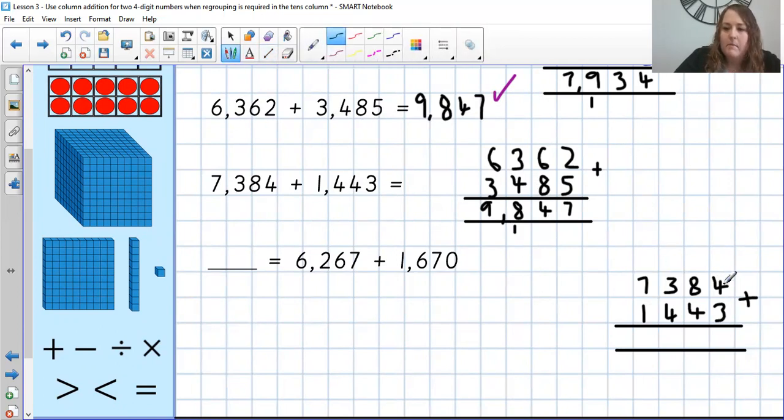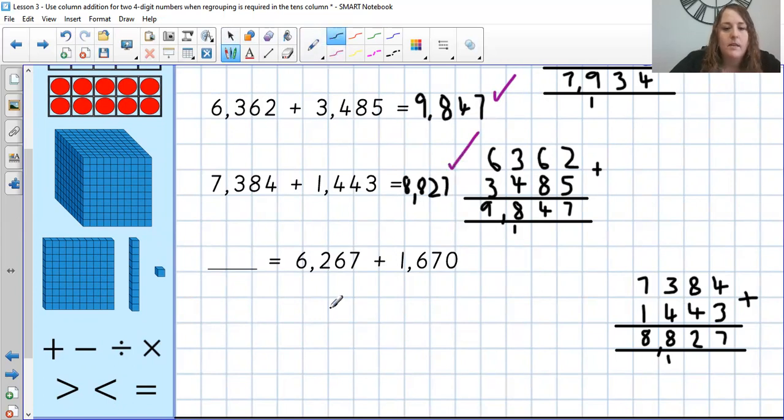Okay, 4 add 3 in my ones column is 7. 8 add 4, 9, 10, 11, 12. So 2 in my tens and 1 to regroup for my hundreds. 3 add 4 is 7, add 1 more is 8, and 7 add 1 is 8. So if you had the answer 8,827, a huge well done again, give yourself a tick.